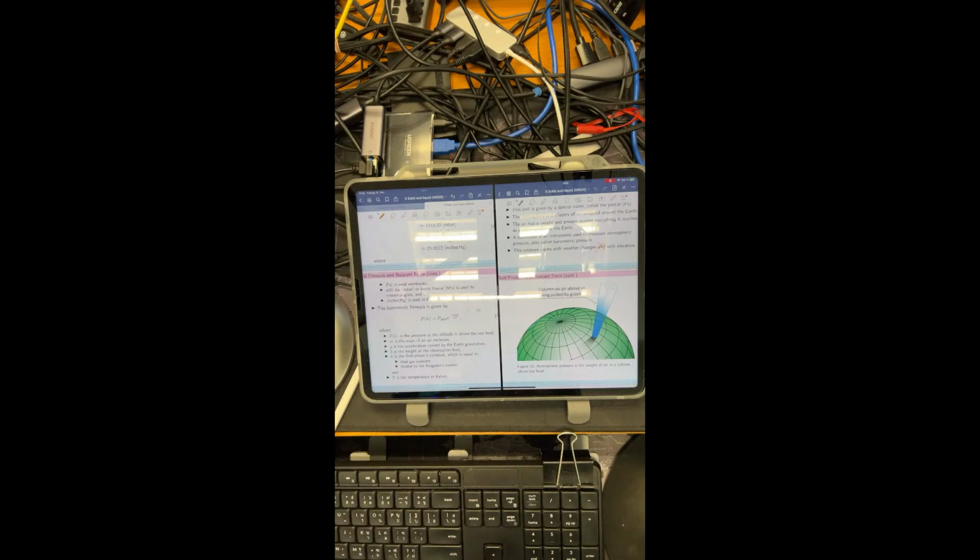So the pressure at different heights could be found from this formula.